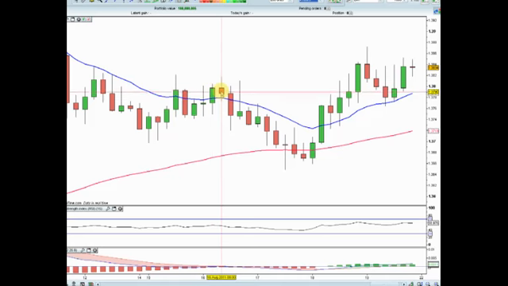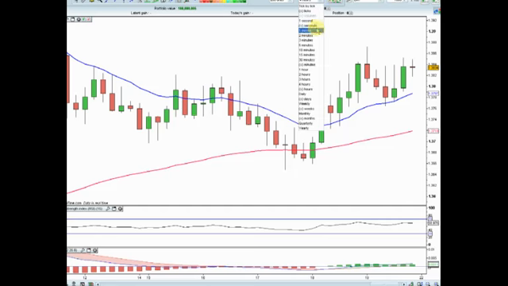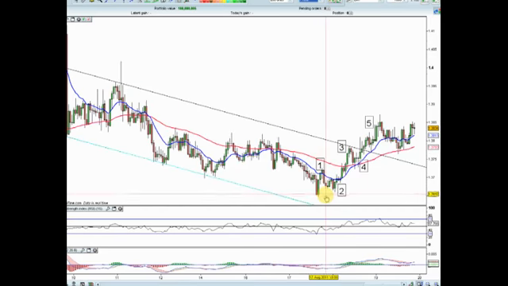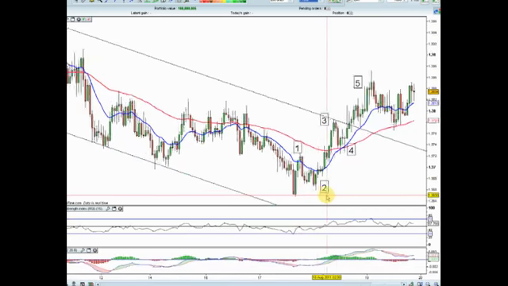Here we can see there's no reversal candles until we get this here. Now that is an outside bullish engulfing green, and that has basically signaled the base of this corrective wave down.